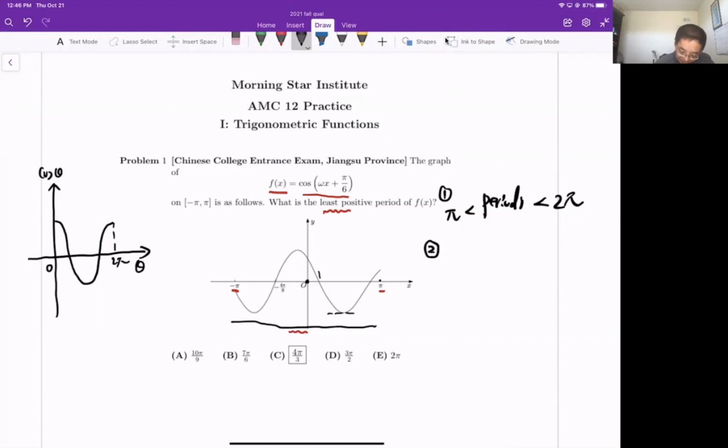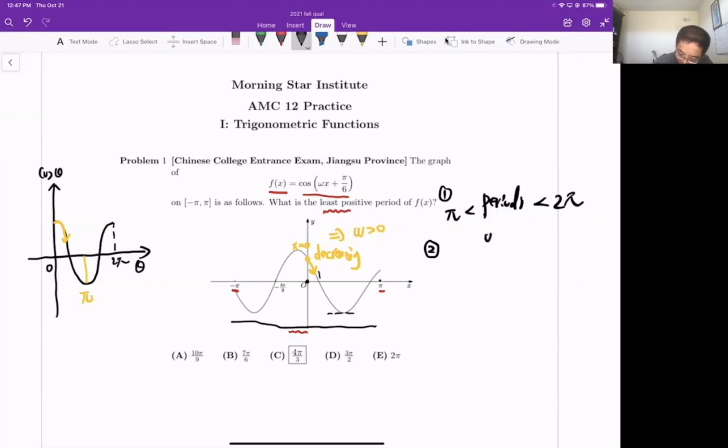Second, if we start from 0 here, the function is decreasing. If you look at the graph of cosine, we know cosine theta from 0 to π is also decreasing. And this tells us what? From here, we can derive that omega is positive, right? Here x equals 0, and if you increase from 0, the function is decreasing.